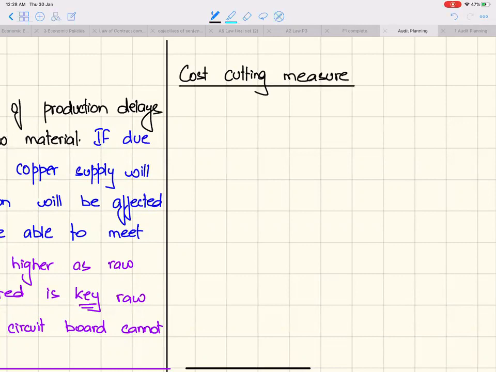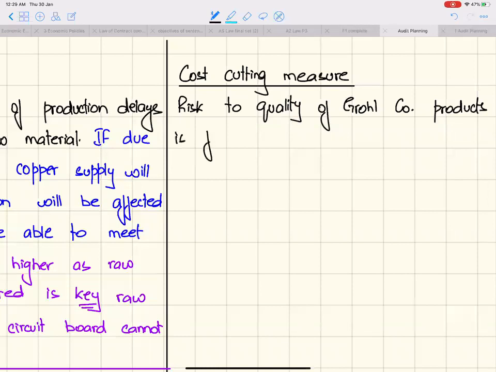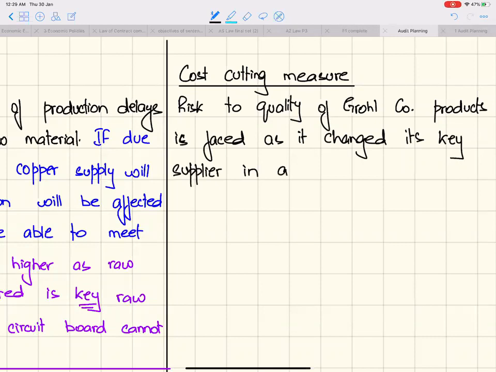Cost-cutting measure. Risk to quality of Grahak company products is faced as it changed its key supplier in a cost-cutting measure.